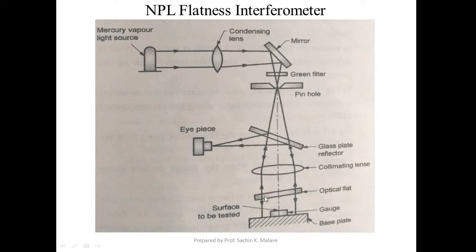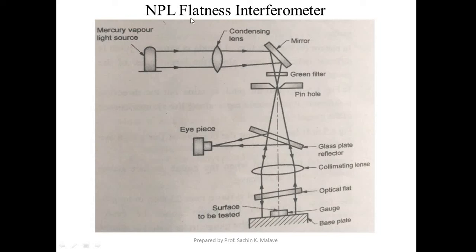There may be a taper along the shorter edge, or along the longer edge. So that we have to find out. It is also possible that the corners of this gauge are worn out. It may happen like that. So let us discuss this now.